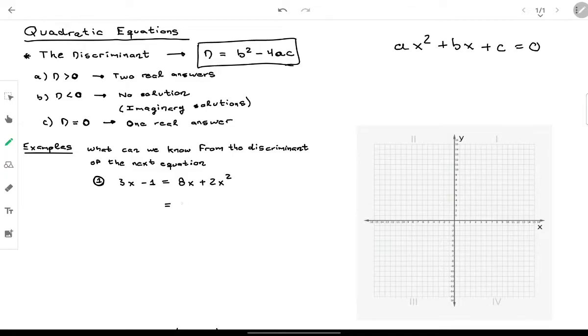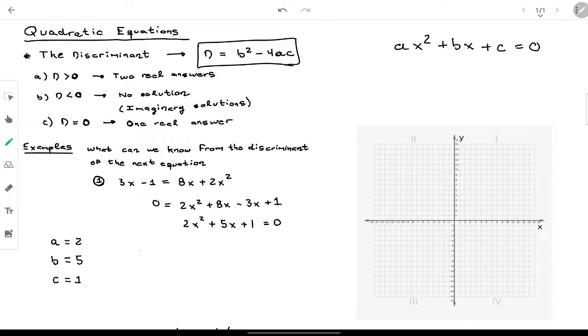If we pass all to the right, it's going to be 2x squared plus 8x minus 3x plus 1 equals 0. So it's going to be 2x squared plus 5x plus 1 equals 0. That means a has a value of 2, b has a value of 5, and c has a value of 1. So we can apply the discriminant formula.